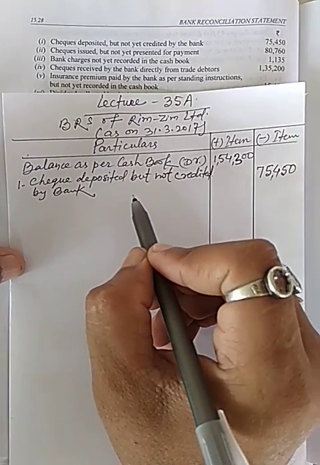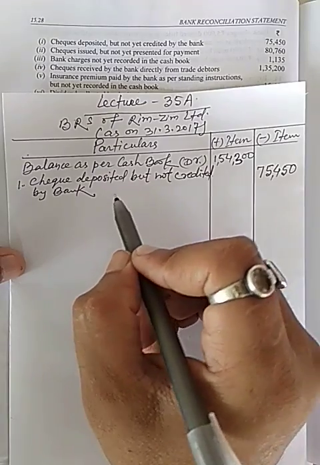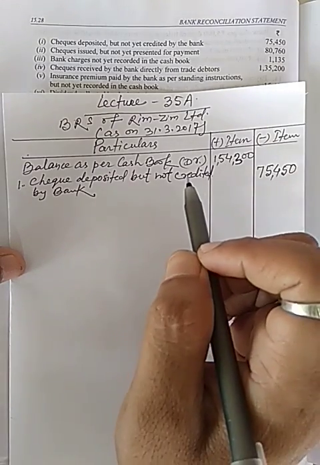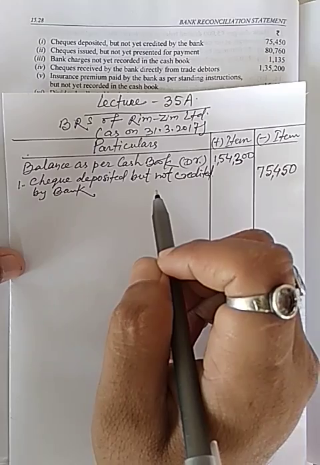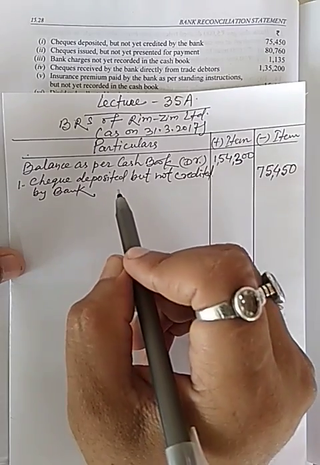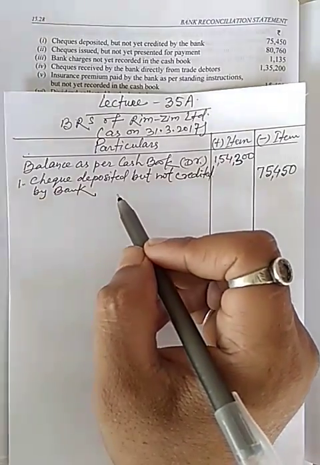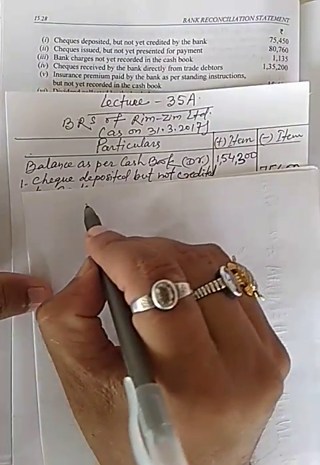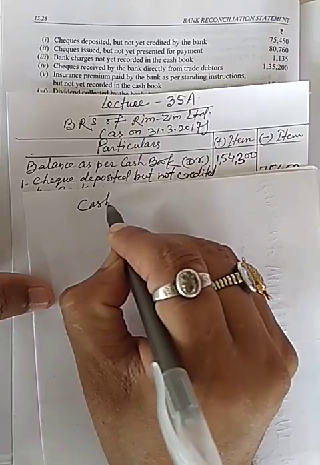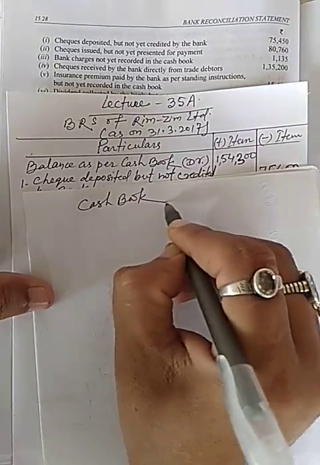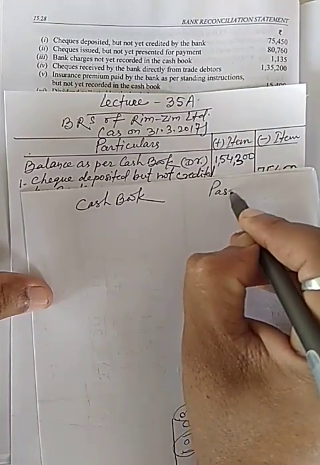Student, when we deposit a cheque in the bank, first I have already recorded it in the cash book. Suppose this is my cash book and this is my passbook.